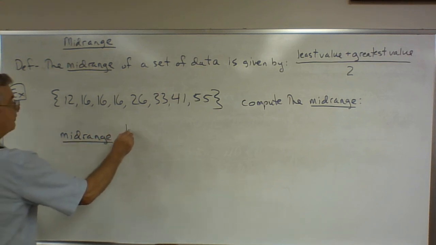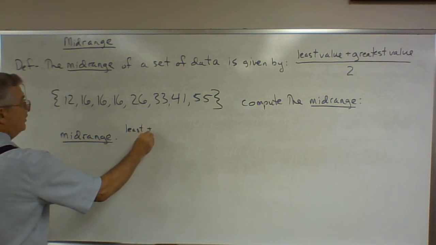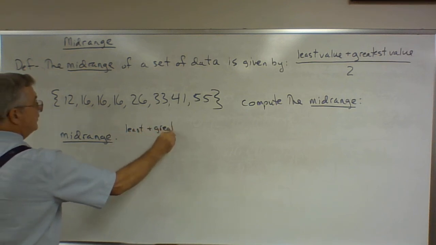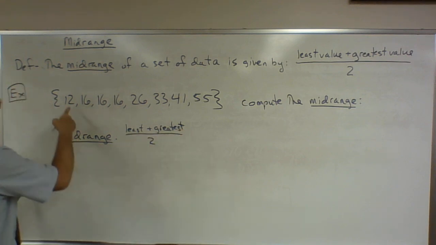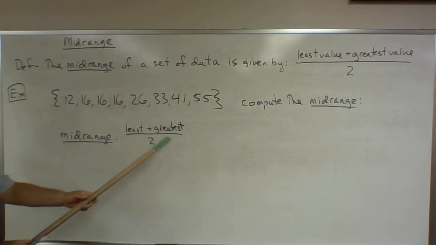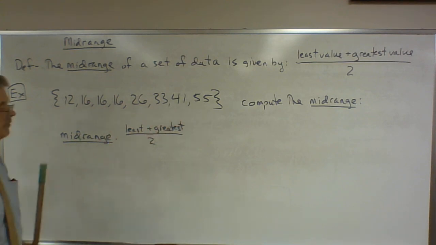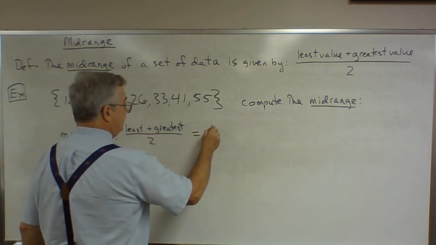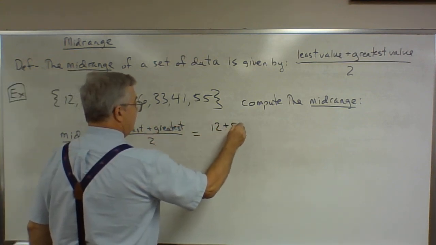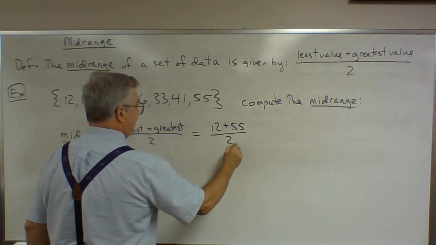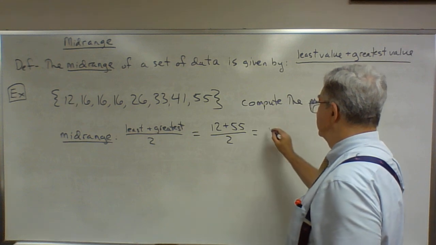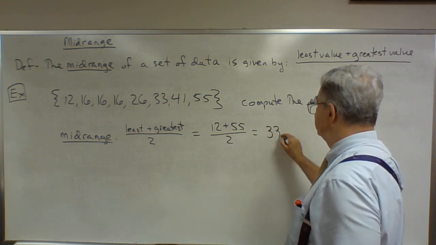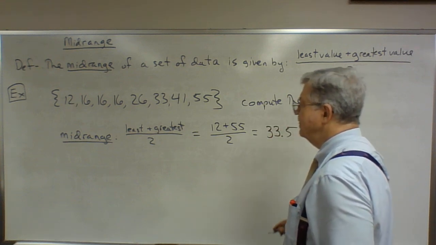And so we'll have the least plus the greatest all over 2. 12 is the least. 55 is the greatest. And that's 67 divided by 2, so that's 33.5.